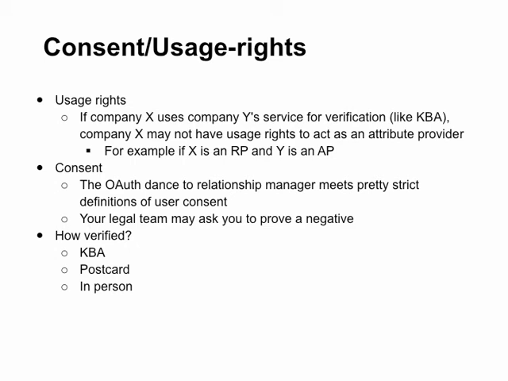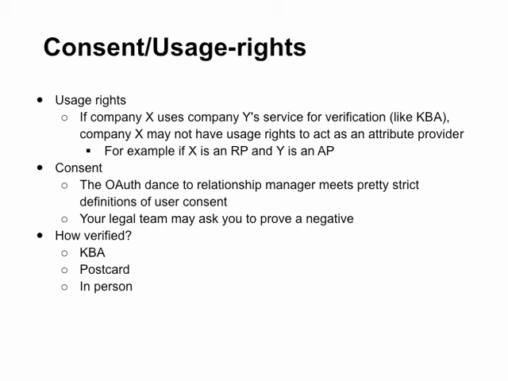Now, the next question that tends to come up is, great, your company verified a user's street address, but how did you do it? Because the websites that are relying on your verification are likely to care how you did it and may in fact be willing to pay different amounts of money for how you did it. Did you do it by sending a postcard to the user? Did you do it in person by checking a government-issued ID? Did you do both?